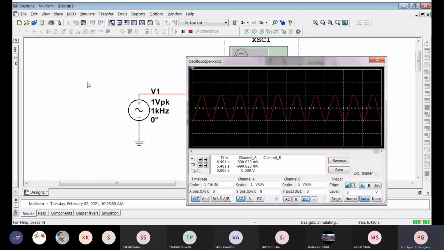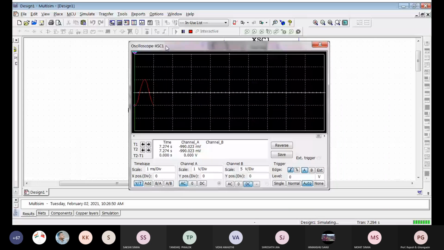When I shift to the AC coupling, what may be the component which is coming in the picture? Which component blocks DC? Guys, answer me.